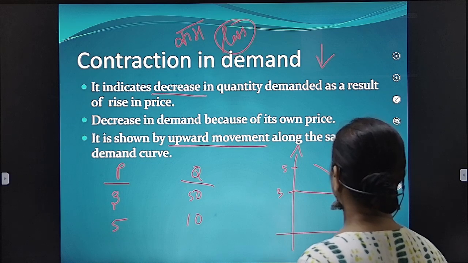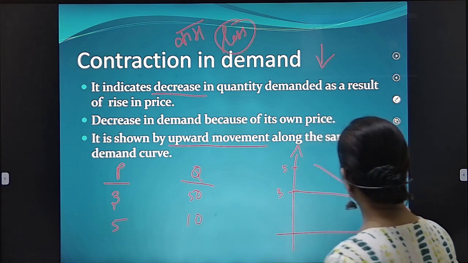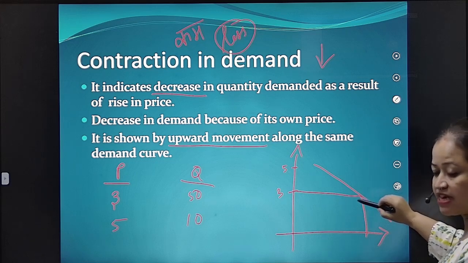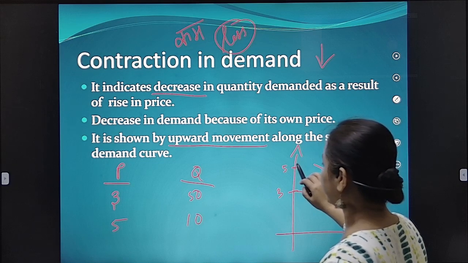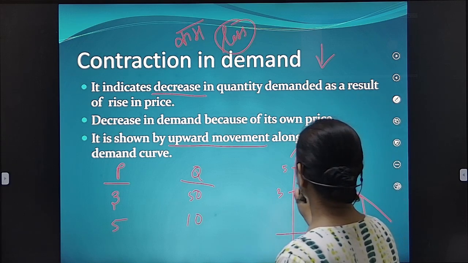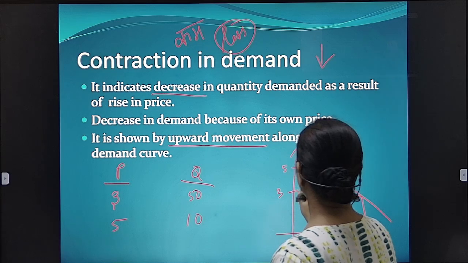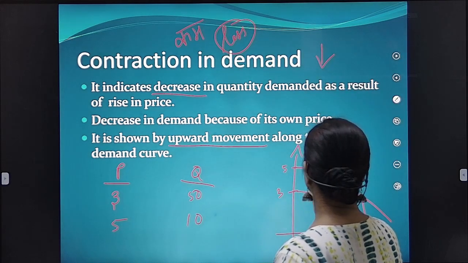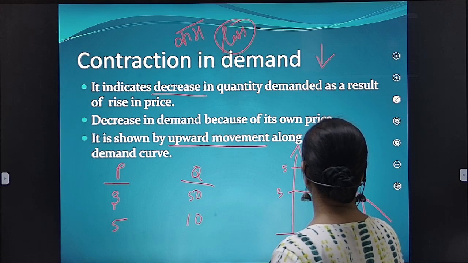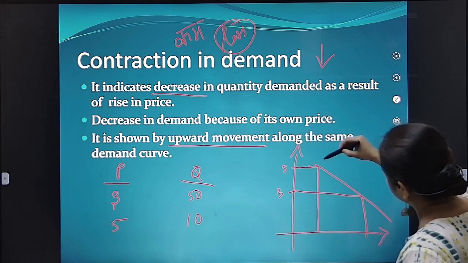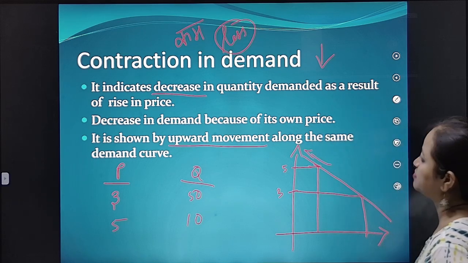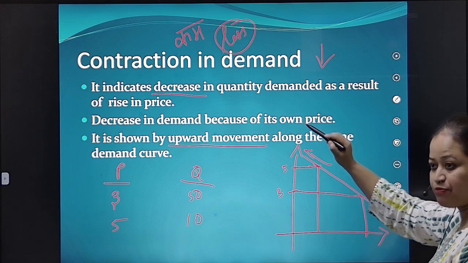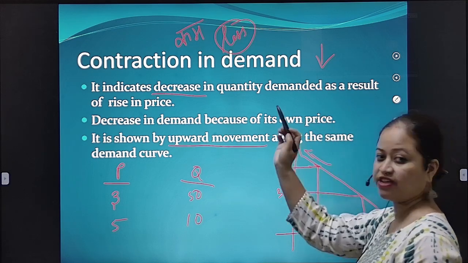Okay, ये हो गया आपका पुराना, ये हो गया demand curve. When price has increased to 5, demand has decreased to suppose 10. यही है आपका डिमांड कर्व, तो ऐसे ही जा रहा है. This one it is going this way, right, upward movement, upward ऐसे जा रहा है डिमांड कर्व, है कि नहीं.